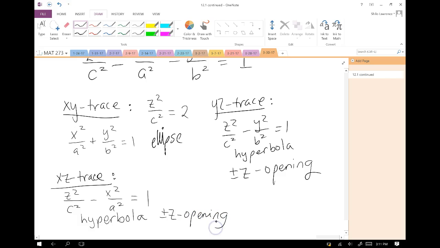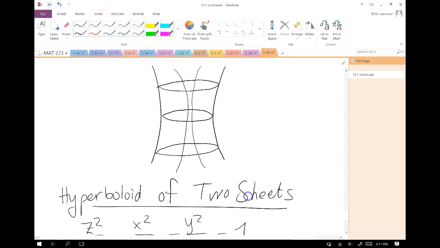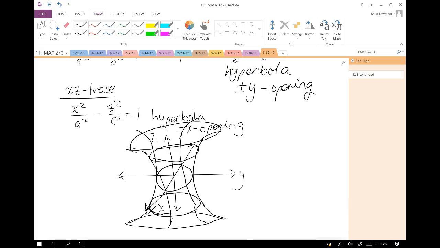What's the difference in this? Say it more specific, Adam. There's one difference in the traces. If you have notes on the last one, in the last one, our hyperbolas opened in different directions.